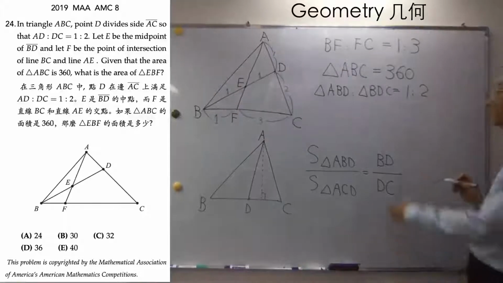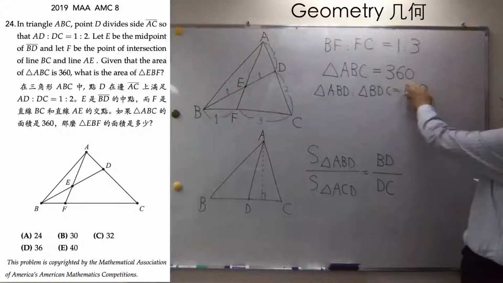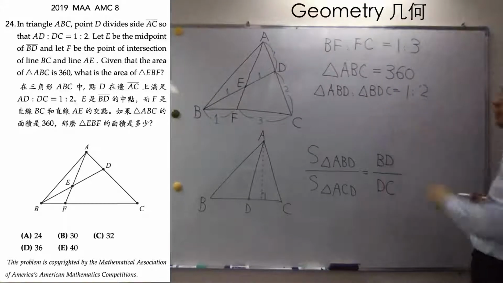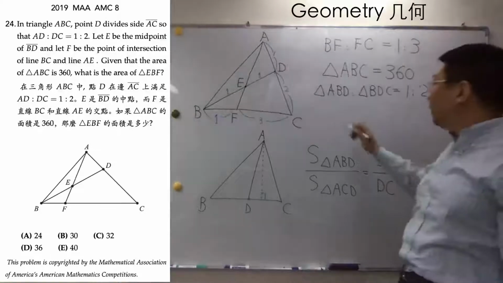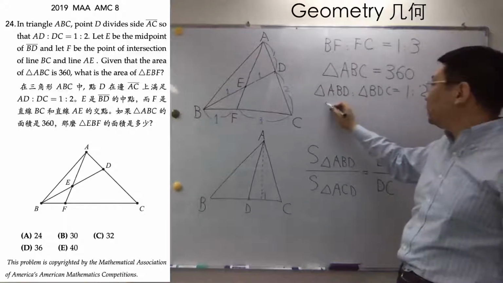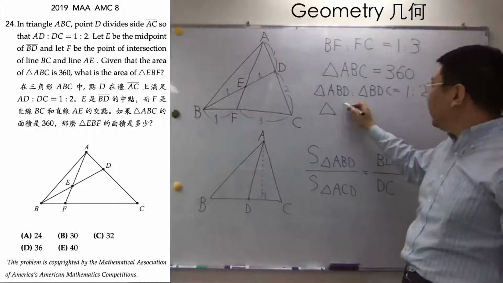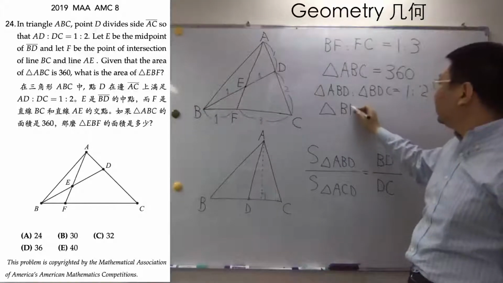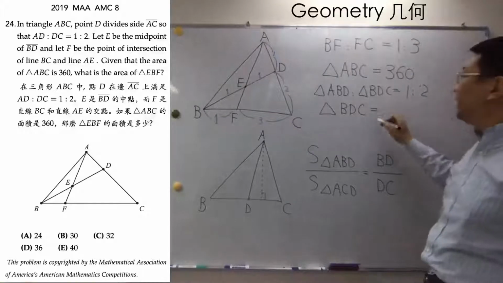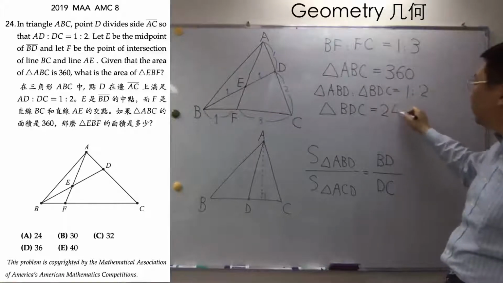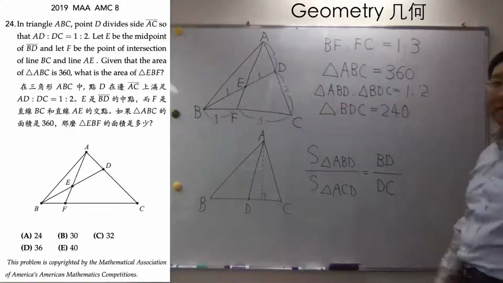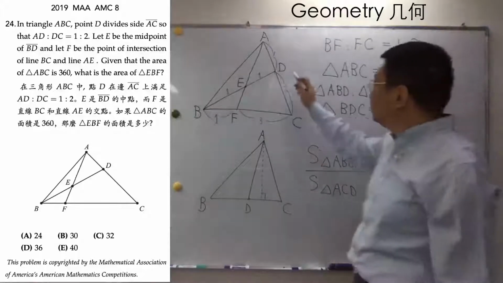So what does it mean? That means you need to divide 360 into 3 portions, then each portion would be 120. So we can get the areas of the two triangles. Given that we care about BEF, maybe we only think about BDC for now. That would be 240, right? So we get that part, 240.